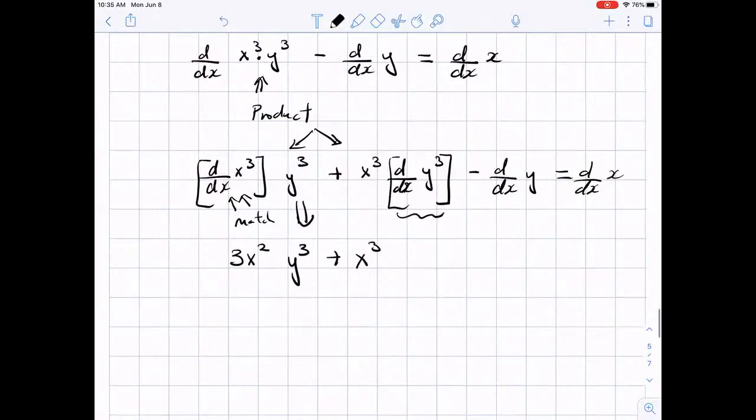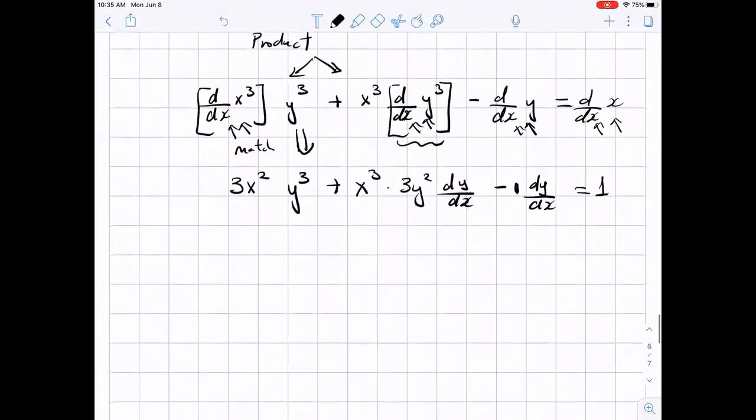Since the variable here does not match, this becomes times 3y squared dy/dx. The variable here does not match, so minus the differentiation of y is 1, but we need dy/dx. And since the variables here match, this just becomes 1.